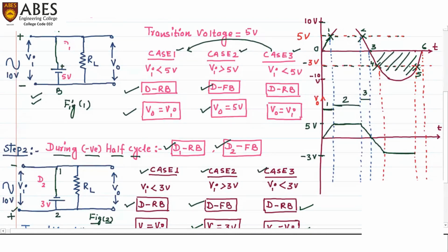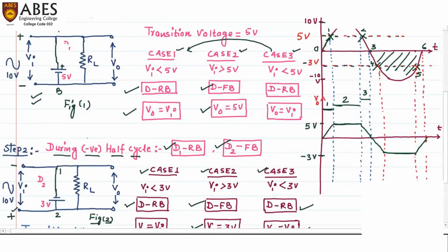So the input starts at minus 3 volt and ends at 0 volts. The same will be the output. Sorry, let me draw it again. It will start from minus 3 and will end at 0 volt. So this is the output of case number 3.